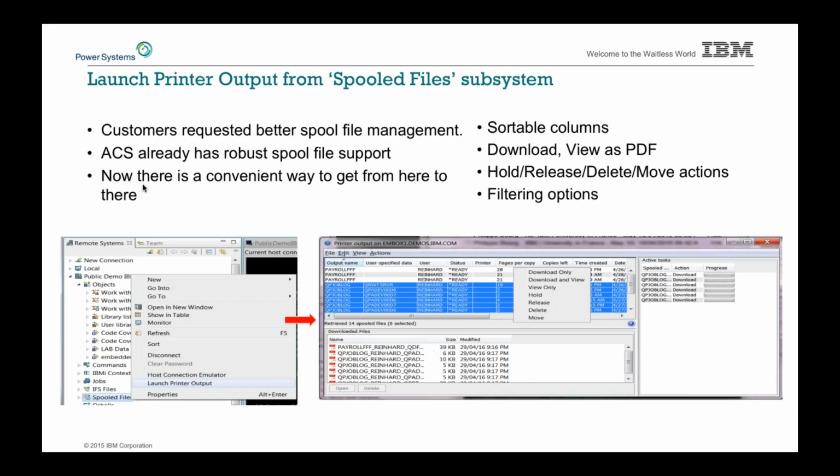Additionally, printer output. RDI has had printer output support for quite a while, but there were some significant limitations in it. As opposed to rewriting that, we already had a much better support built into ACS. So I can launch and get to my spool file support directly from RDI, and it'll pull in the ACS version. If you do not have ACS on your machine, that's fine.